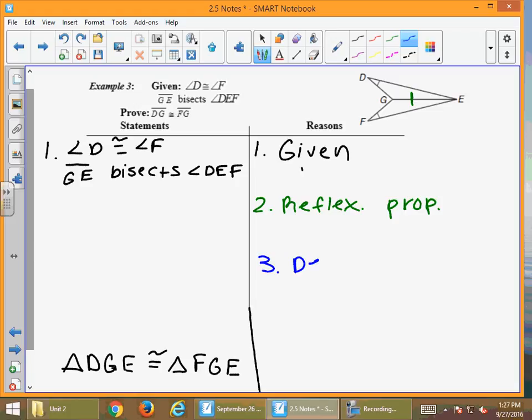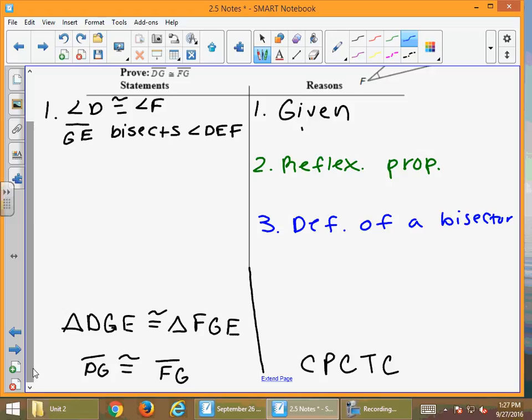So one of our reasons is going to be definition of a bisector. So by just knowing those shortcuts, you have 1, 2, 3, 4, 5, 6, 7 points. And I'll tell you this is worth 10. That's 70%. That's a C. That's pretty good, versus some of you saying, nope, not even going to try, F.